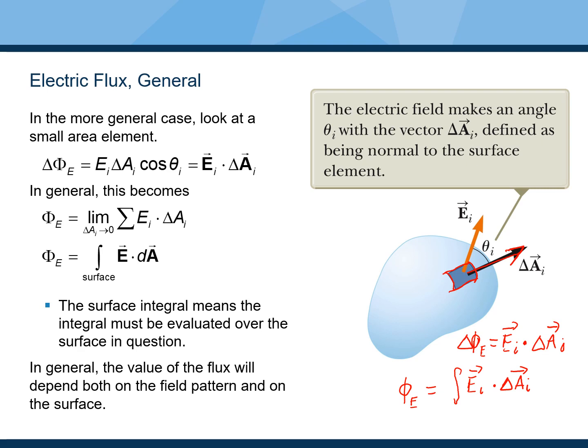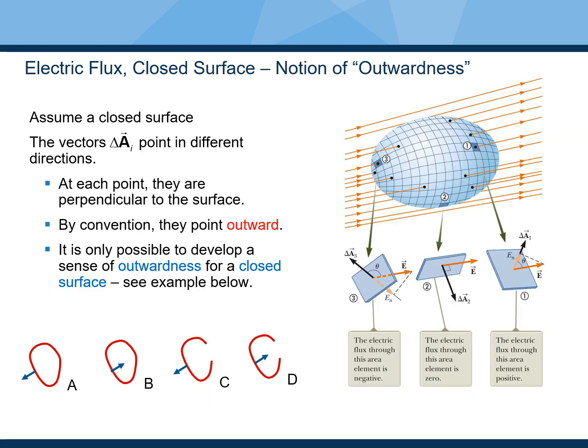So with this insight, we're ready to move forward. Notice that up to now, we have not been very specific about how to define an outward pointing normal, but that notion of outwardness is now very apparent if we consider this closed surface that is threaded through electric field lines.